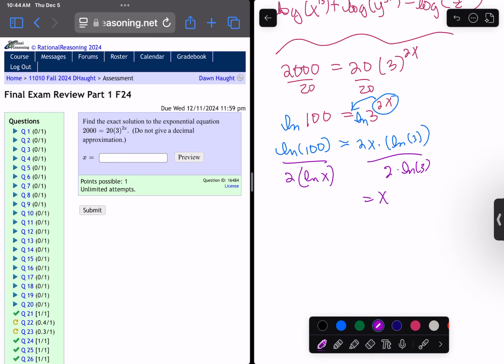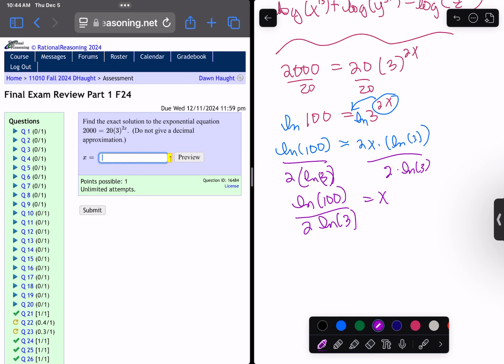We are going to type into iMath the natural log of 100 over 2 times the natural log of x. Not x, what was that? I'm sorry, 3. I just moved my x in a weird way. We divided off the natural log of 3, Mrs. Hall.